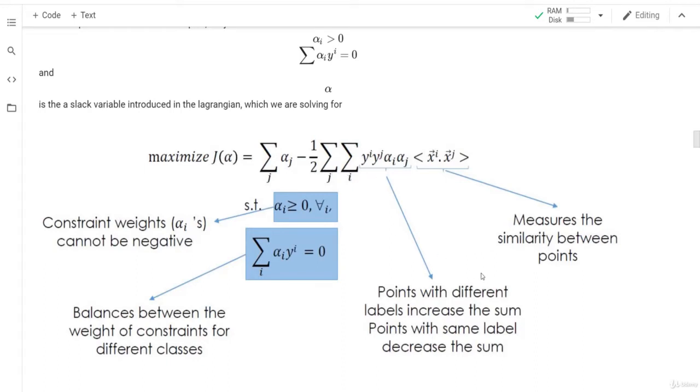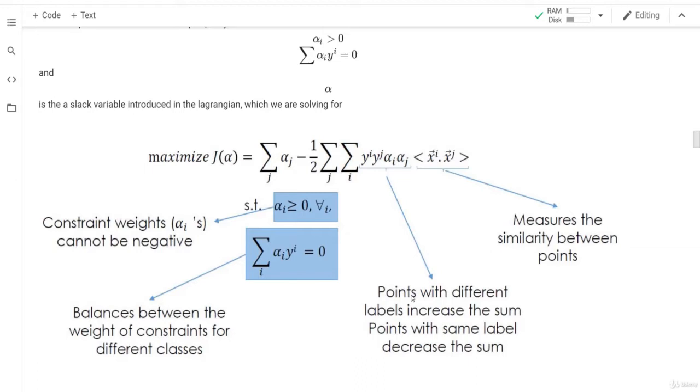But if we have the same label, 1 multiplied by 1 is 1, so it will be -1 because we have a negative here. Or if we have -1 and -1, multiplied together it will be 1 also. So points with different labels increase the sum, while points with the same label decrease the sum.